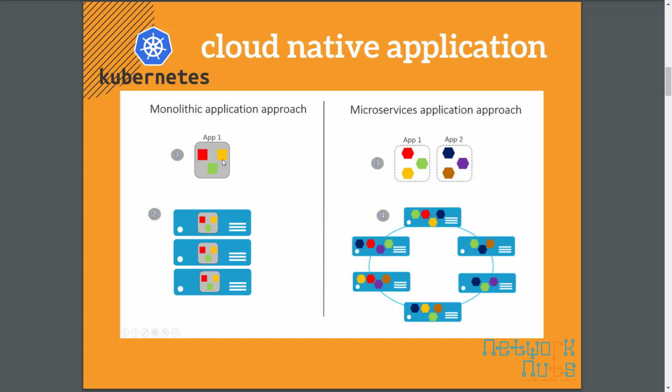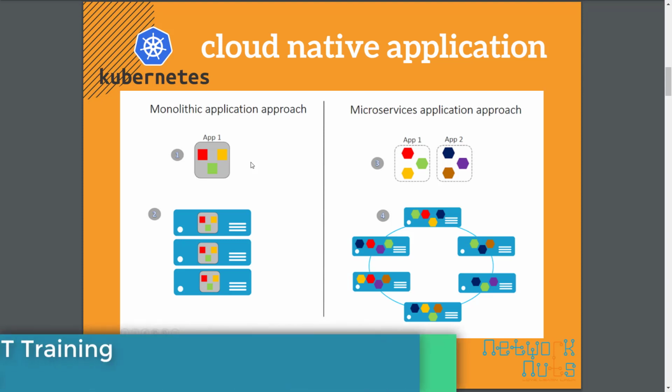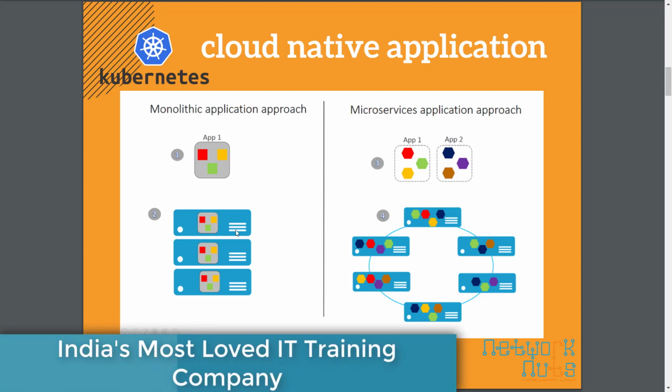But the whole application, all 3 components, are combined together in a single binary file. It doesn't matter whether you are running a Windows application or Linux. If it is Windows, then it's a single exe file. If it is a Linux box, it might be a single RPM, right? And then we deploy the single RPM on different machines.